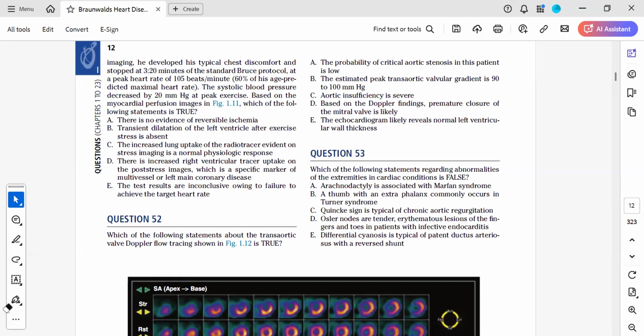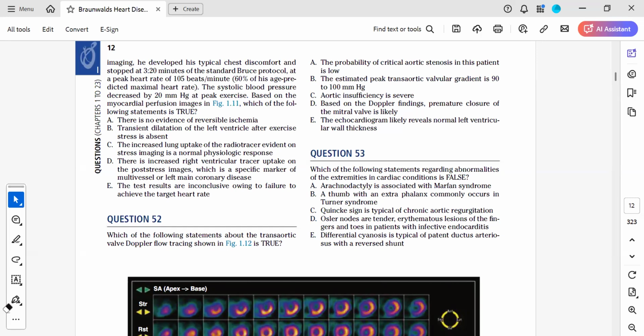This is false because premature closure of the mitral valve usually occurs when there's severe aortic regurgitation, and this will cause a rapid rise in the left ventricular pressure during diastole, causing a premature closure of the valve.